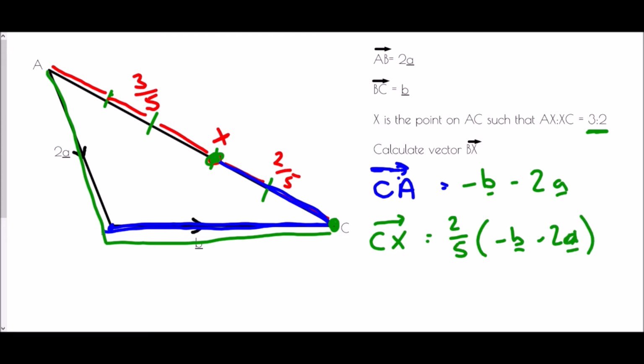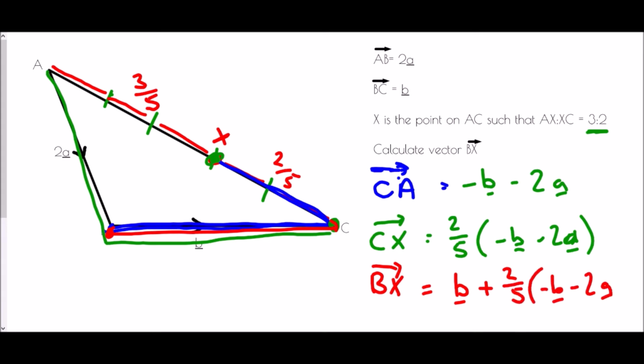And in order eventually, like it actually asked for b to x, well, that means I need to start at b. I'm going to follow the first vector, which is actually just positive b, but then I'm going to have to add 2/5 of negative b take away 2a.